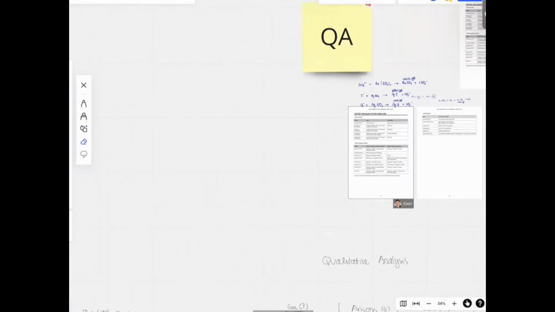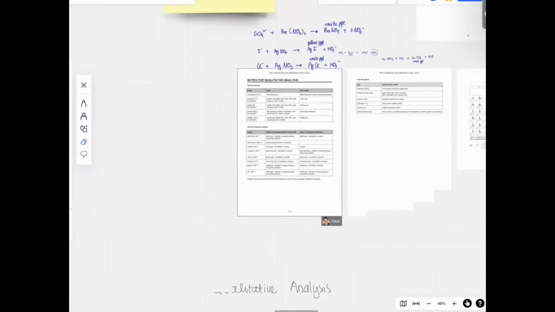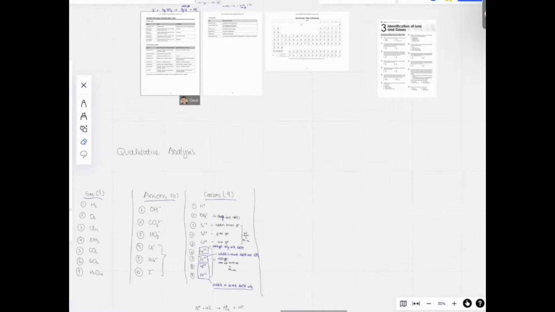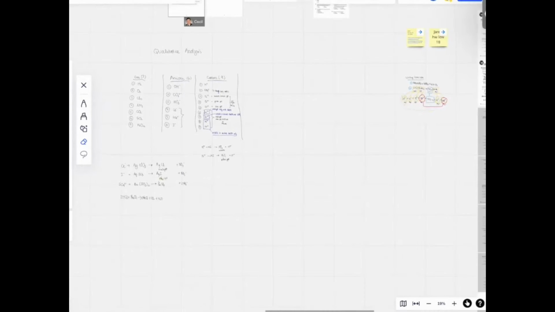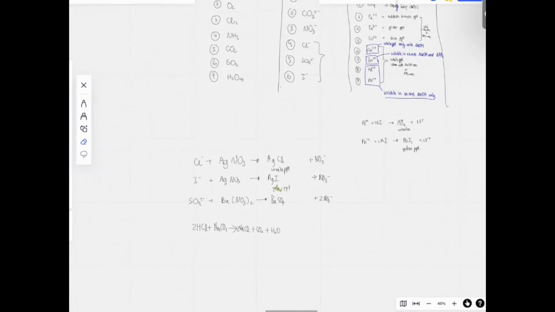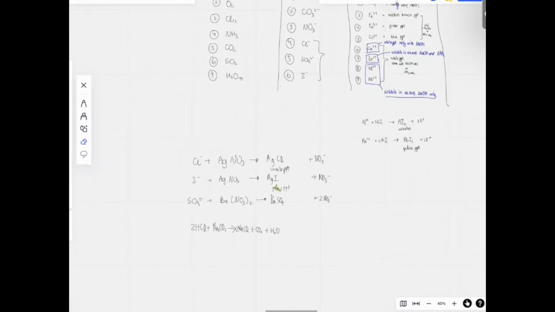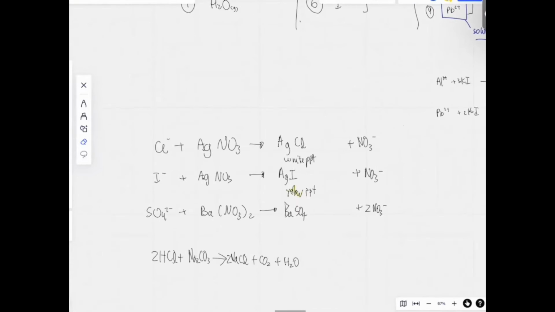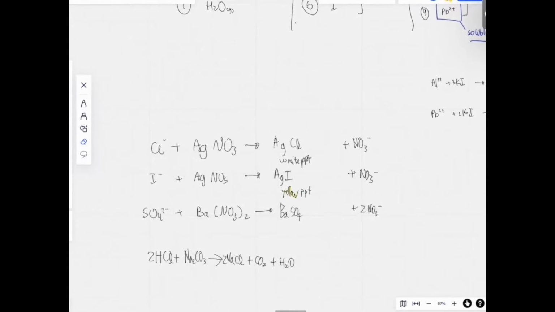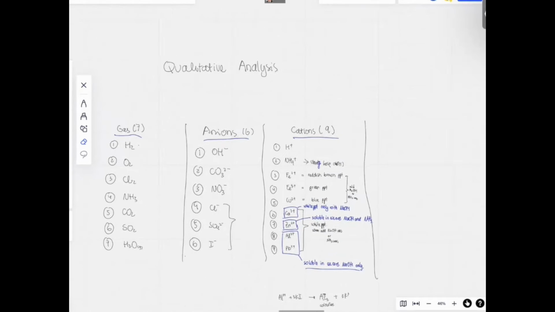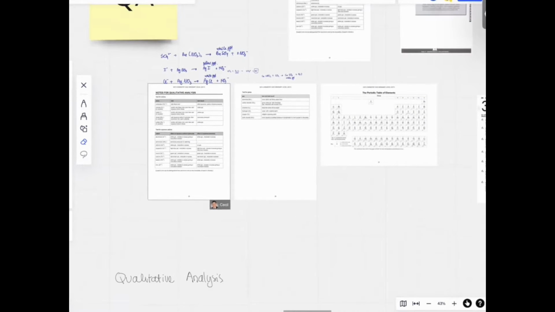That's for chlorine. Chlorine bleaches litmus paper. Wow, you can memorize. Actually, I already wrote it this way. Sulfate plus barium nitrate.